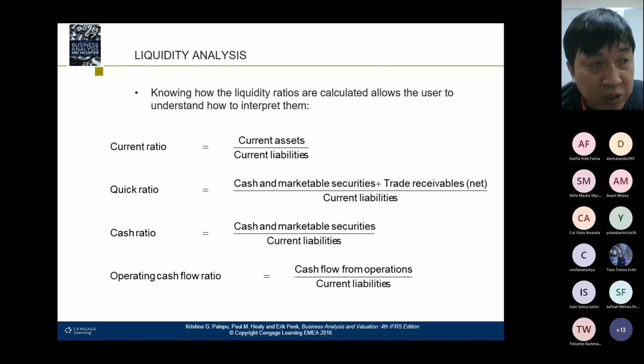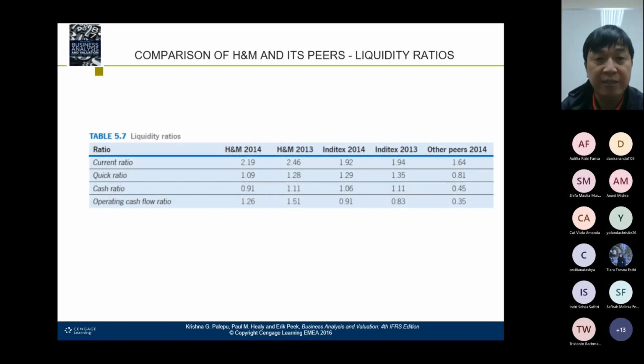We just take the cash, the marketable securities, and trade receivables. For the cash ratio, we only take the cash and the marketable securities from the current assets. For the operating cash flow ratio, we take it from the operations. So here it shows the liquidity ratios in different years, 2014 and 2013.